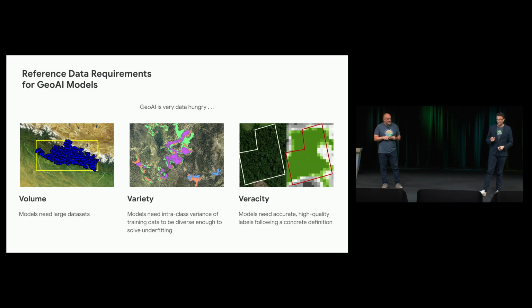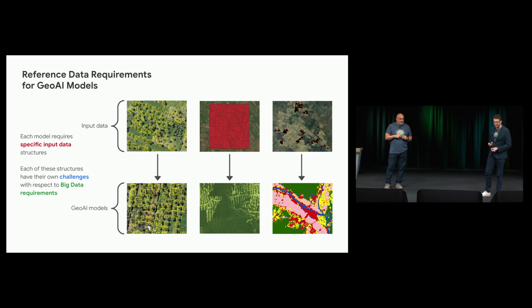And lastly, obviously we want these labels to be as close to reality as possible, so we talk about veracity. Now, each of these models that we talk about have different input data requirements. Because of this, the data structures that we use to represent these different, what we call reference data, vary greatly, creating special challenges.